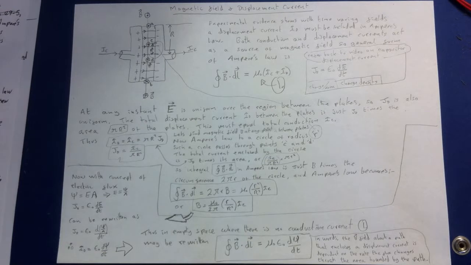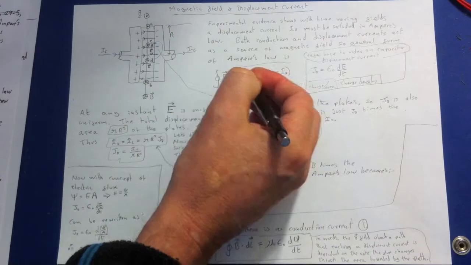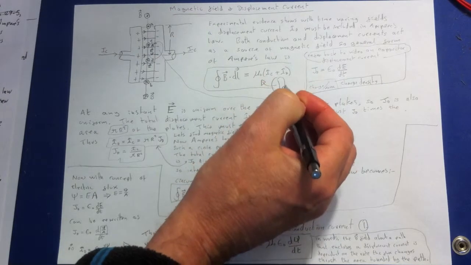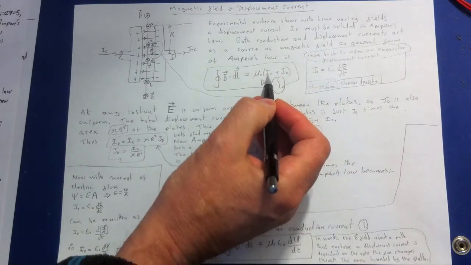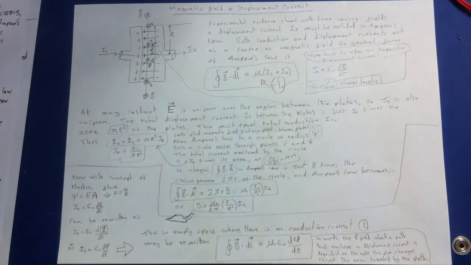That is, using Ampere's law in problems involving the relation of magnetic field to its sources, we must treat conduction and displacement currents on an equal footing. Both act as sources of magnetic field. Thus, the general form of Ampere's law is written like so. It includes both the conduction current, IC, and the displacement current.